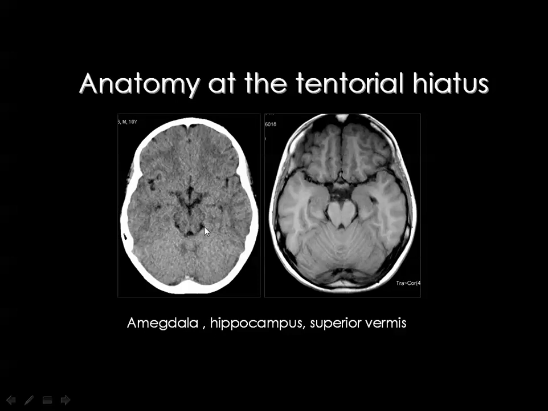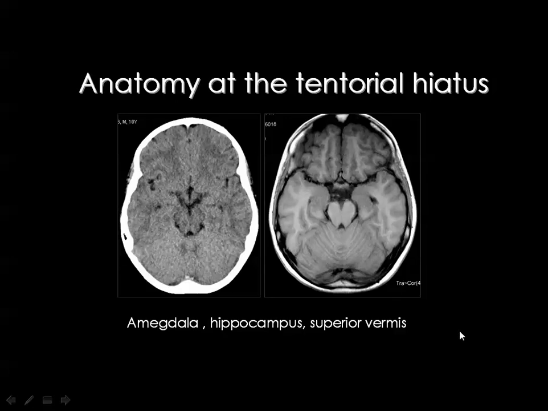The quadrigeminal cistern looks like a dish where the midbrain lies in its concavity, and this is the region of the midbrain, and this is the end of the fourth ventricle, and the same is here. This is the end of the fourth ventricle and the start of the midbrain, and this is part of the cerebellum, left cerebellum, right cerebellum, and in the midline you see the cerebellar vermis.